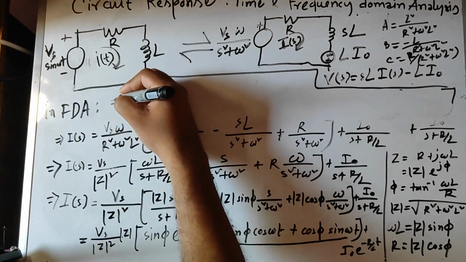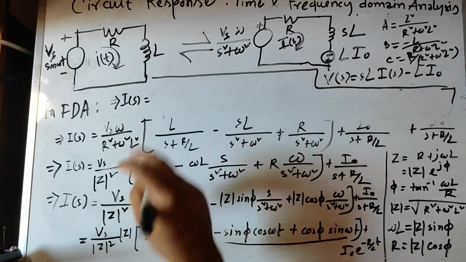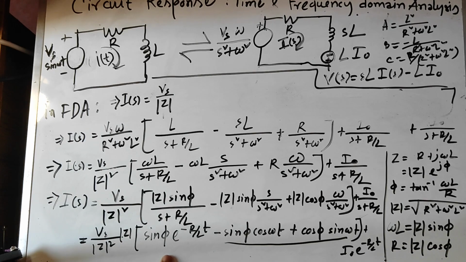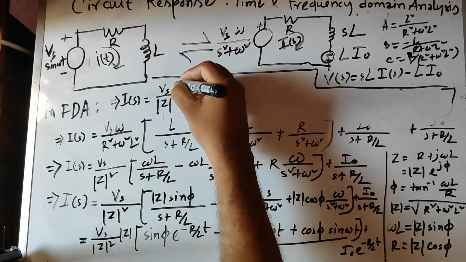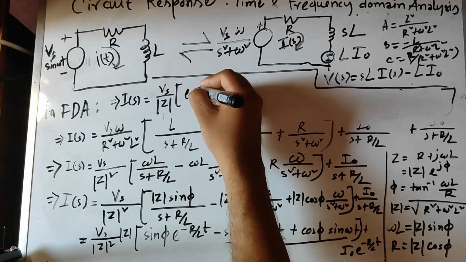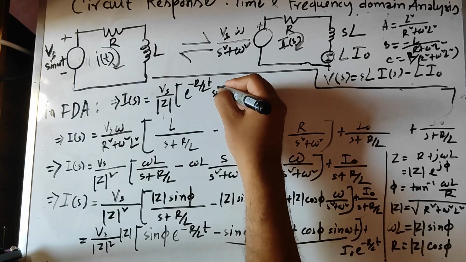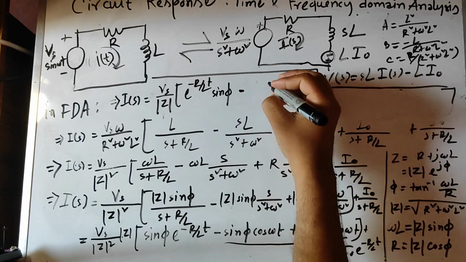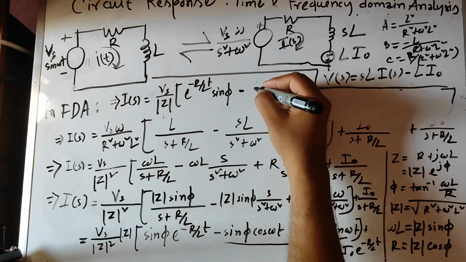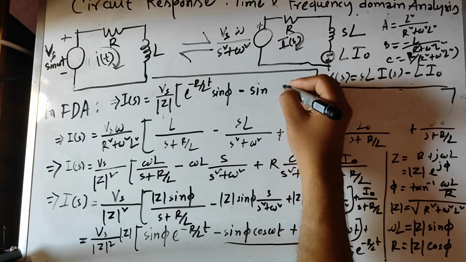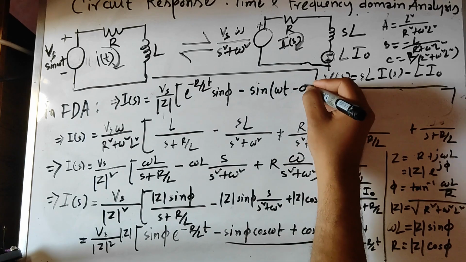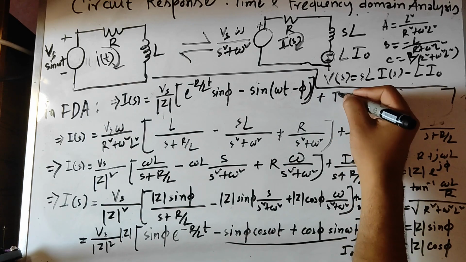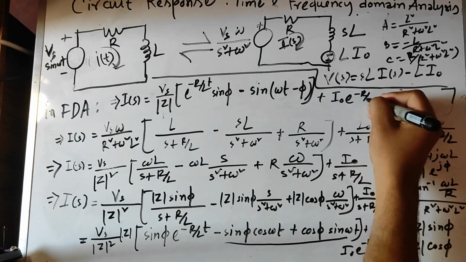So from this we get Vs by Z, e to the power minus R by L t sine phi, and if we common out the minus term, it will give sine omega t minus phi, plus Io e to the power minus R by L t.